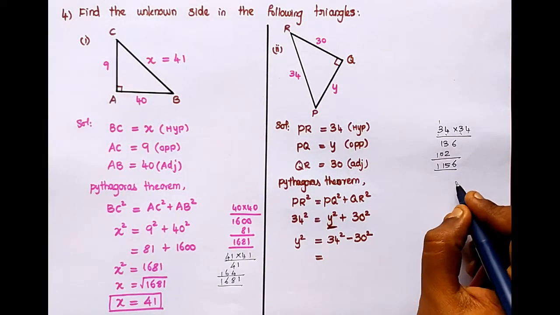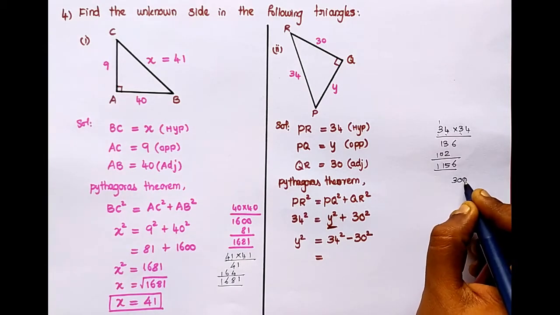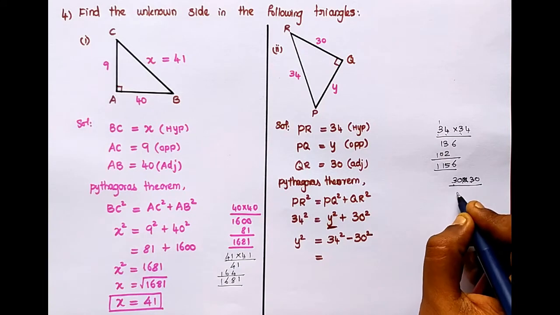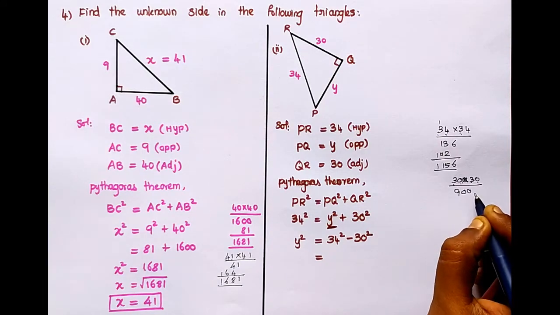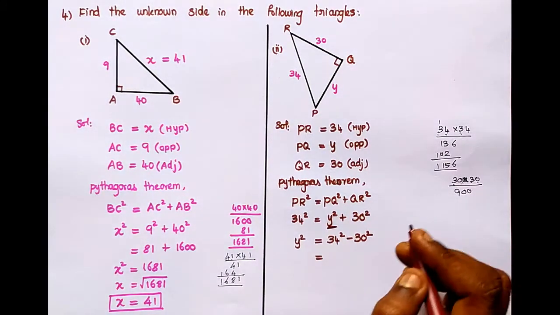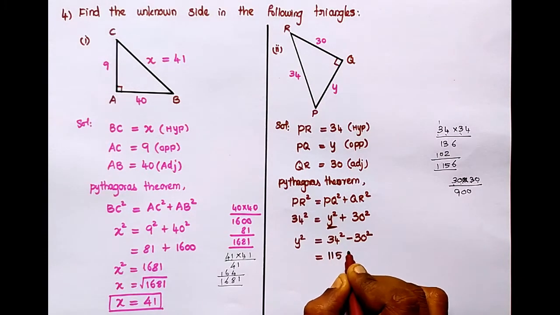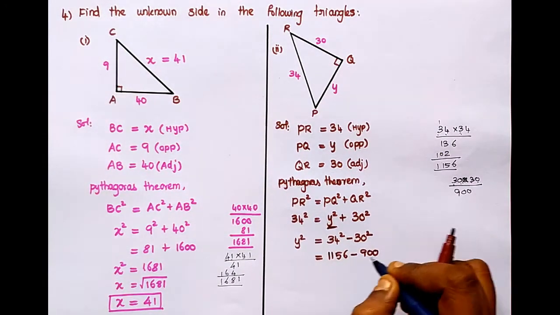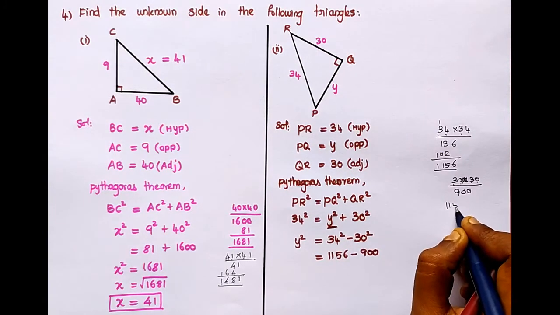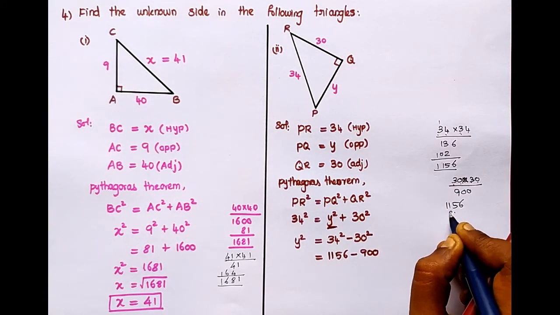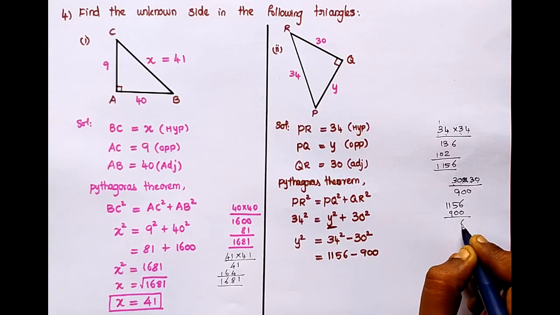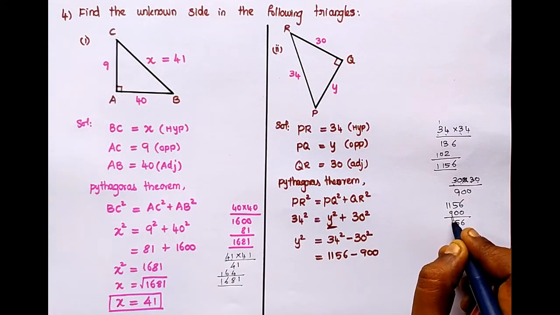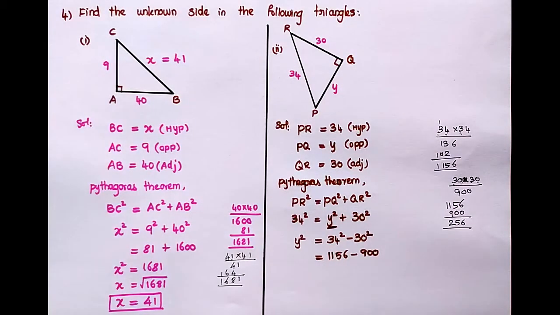And 30 squared: 30 into 30, 3 threes are 9, put the 2 zeros, that means 900. So 1156 minus 900. Here 11 minus 9 is 2, so 256.